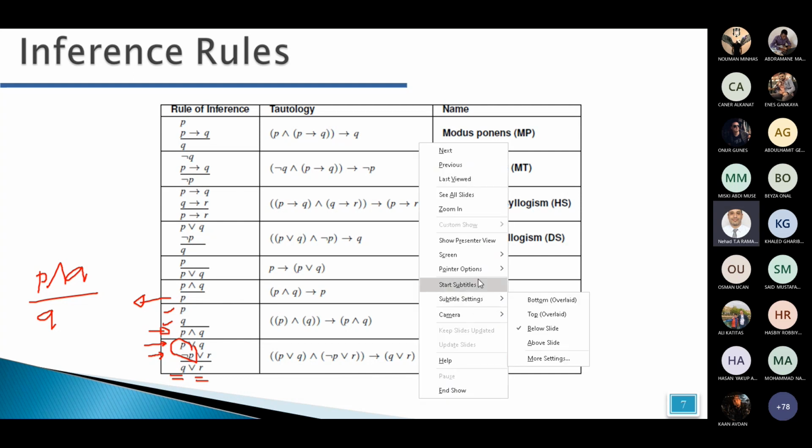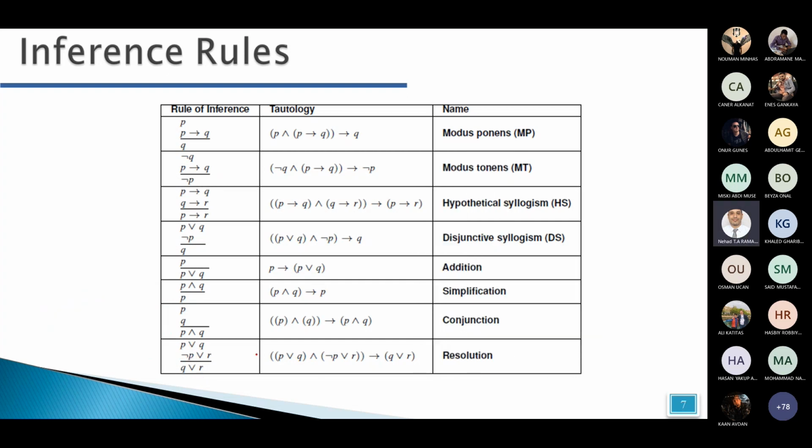So this is the meaning of this rule. If I give you P or Q and another statement, not P or R, you can say Q or R. You can use all these inference rules to prove statements.